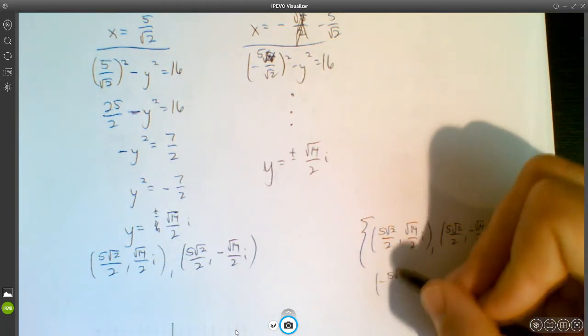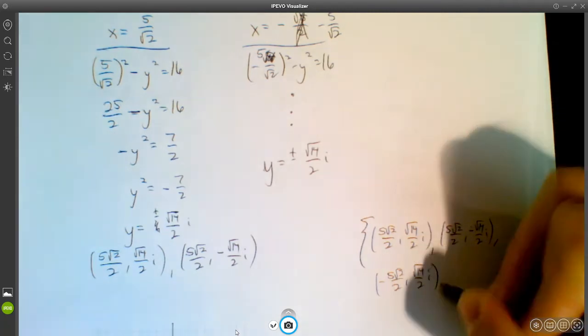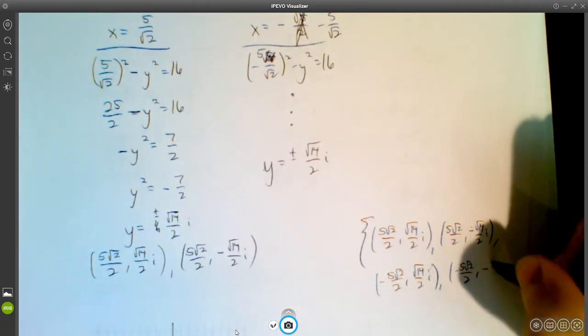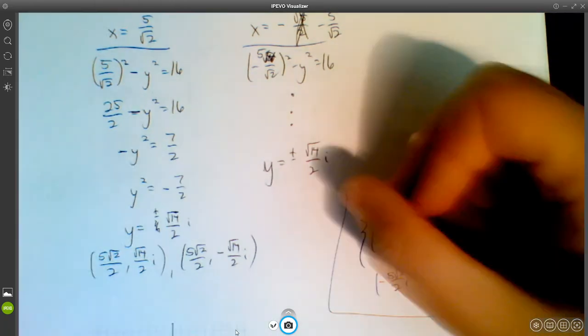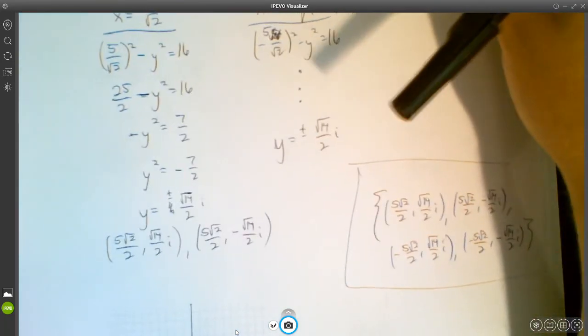Negative 5 root 2 over 2, root 14 over 2i; and negative 5 root 2 over 2, negative root 14 over 2i. So there's the solution set. But notice that none of the solutions are real. None of the solution sets are made of real ordered pairs.